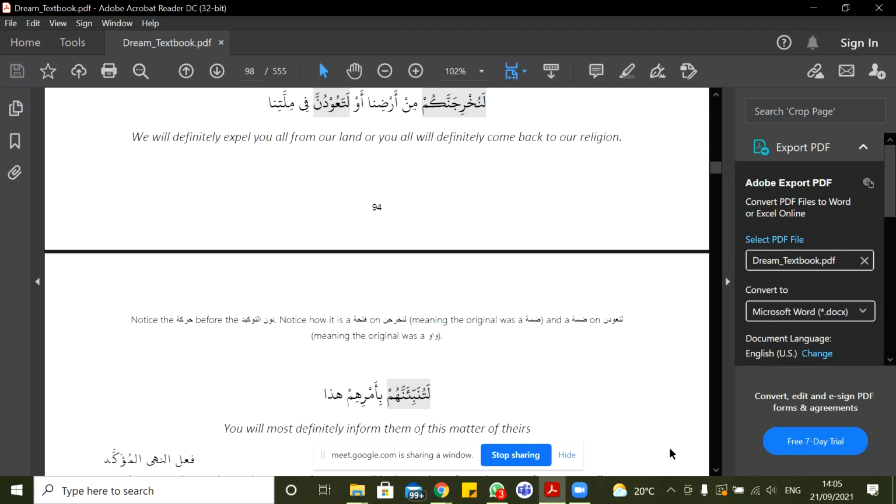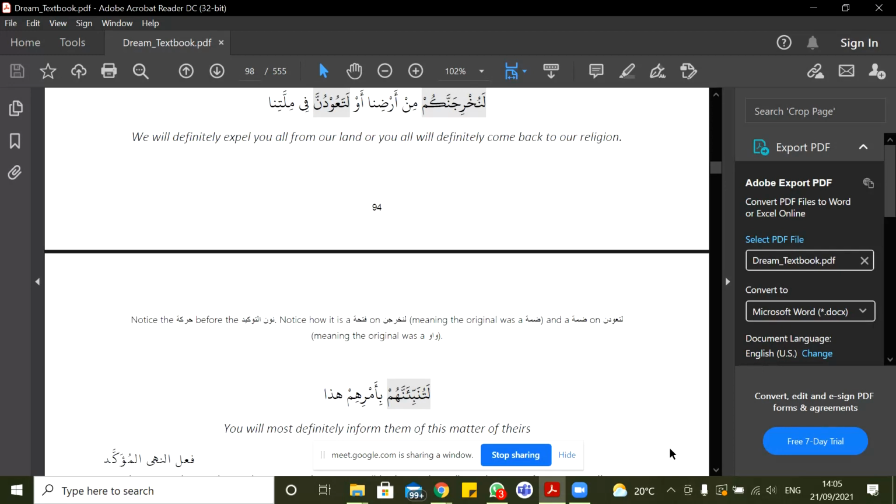Notice the harakat before noon at-tawkid. Notice how it is a fatha on the lam at-tawkid, meaning the original was a dhamma, and a dhamma on the ta'udunna, meaning the original was a waw. So this is something that I was trying to explain. Is that clear to you as well here?